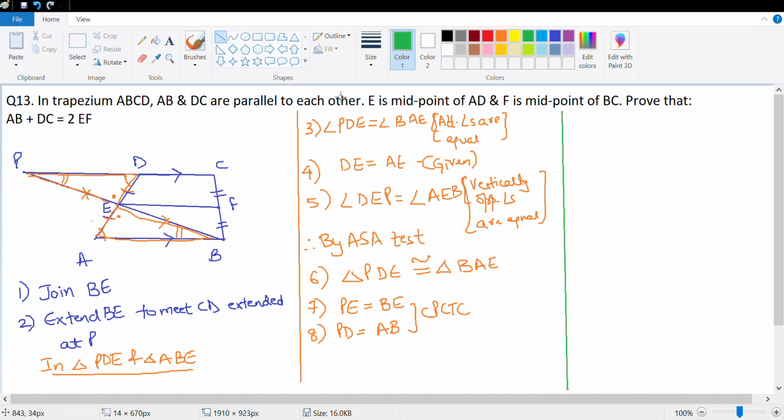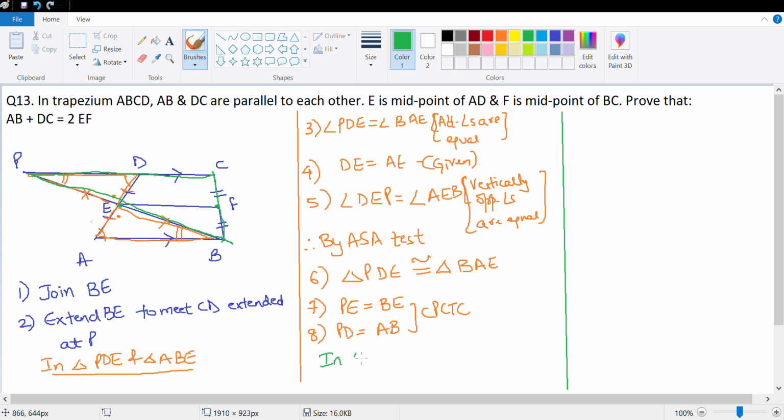So now let's look at the big triangle that I was referring to earlier, which is triangle PCB. Right? Now in this triangle, I have F as midpoint. Yes, it is given. And I have E also as midpoint. Yes, so now this will help me use the midpoint theorem.